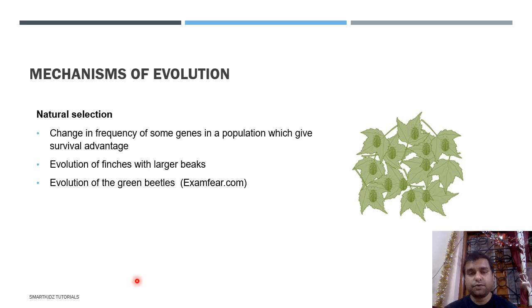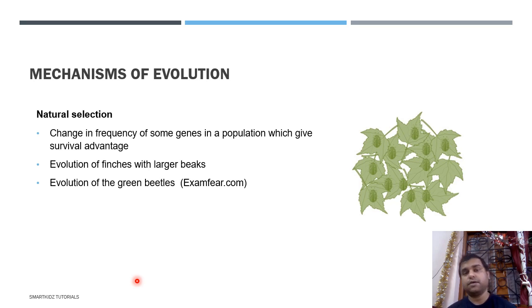But as they grew in number, the food, that is the worms and the insects, reduced in number. Okay, there was a lot of competition, as a result of which survival became difficult for them.